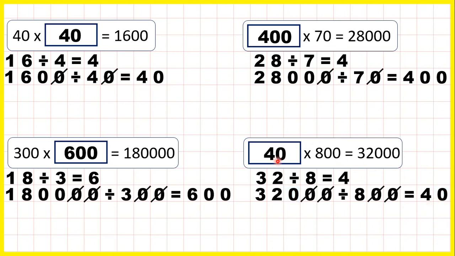So 40 times 800 is 32,000, and we can see that this works because 4 times 8 is 32, but then we have a total of 3 end zeros in the question, so there are 3 end zeros in the answer.